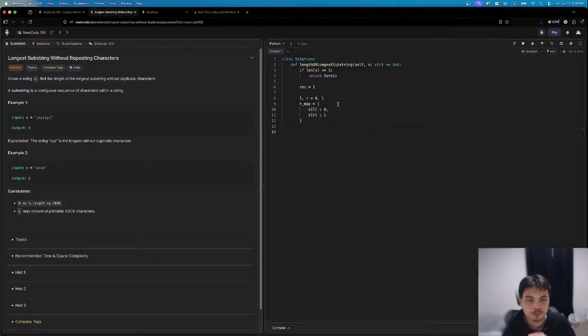Okay, so we have this, right? Then while r less than length s, what we can do is say, wait.